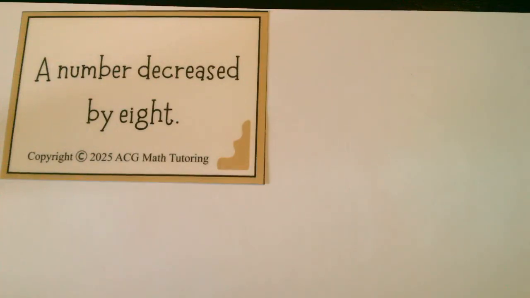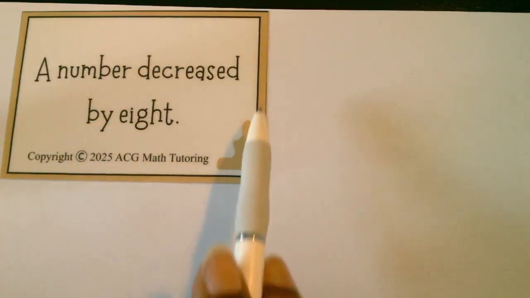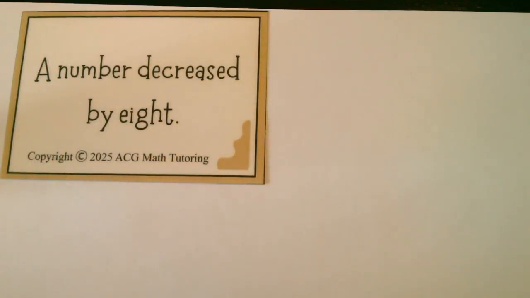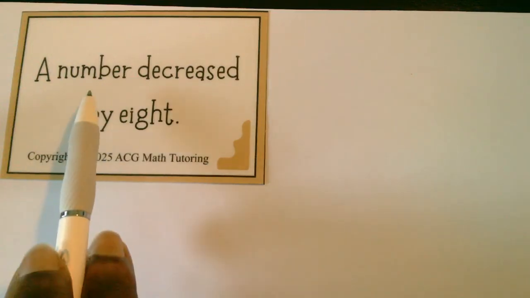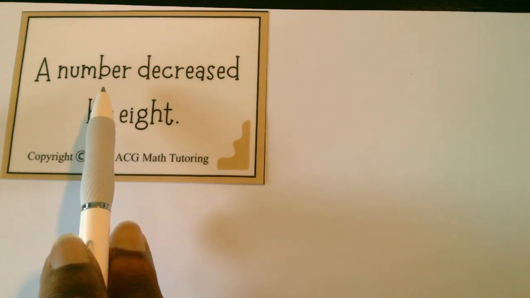Alright. You can drop the equals, because right now it's an expression. There's no equals, there's no anything in there. So Brenda, we got x minus 8. Alright. So a number, which if we don't know the number, what do we use? We use a variable.